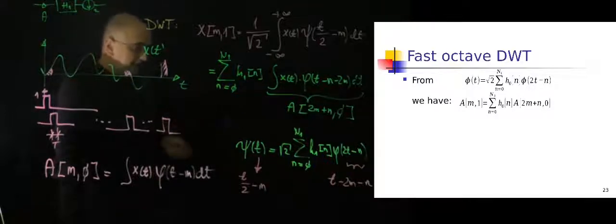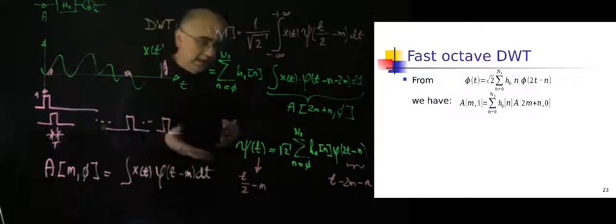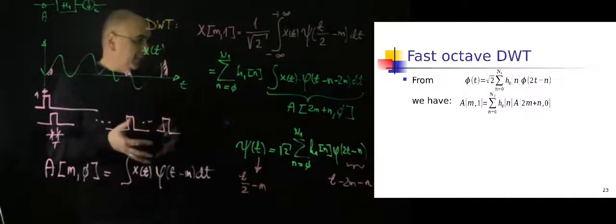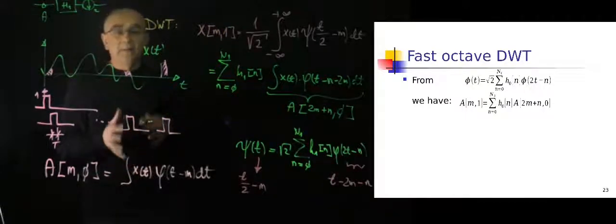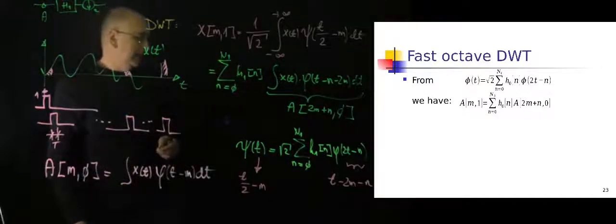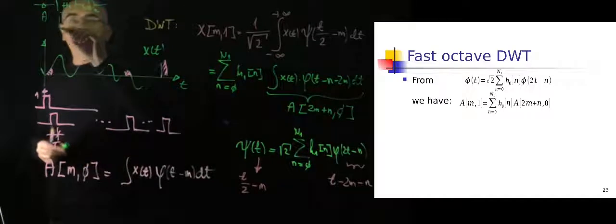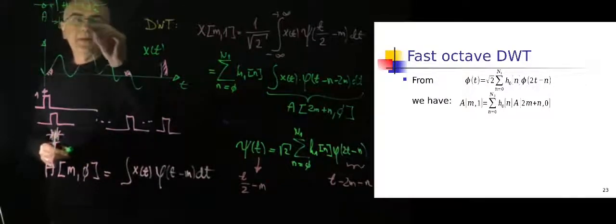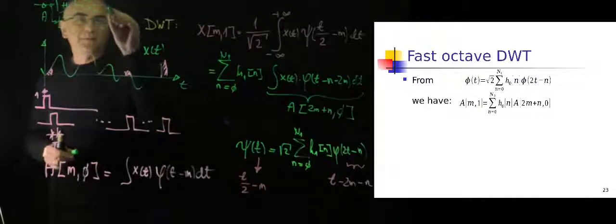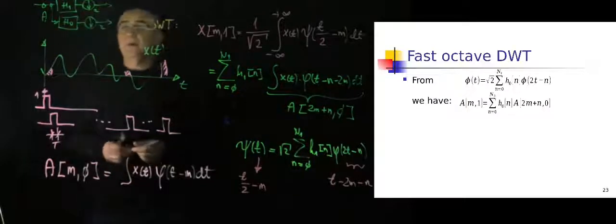Our second expression explains that we can express the scale function as a linear combination of its double speed, shifted copies. Actually it corresponds to the other filter, H0, and after decimation, using a very similar procedure, we can get the approximation coefficients.